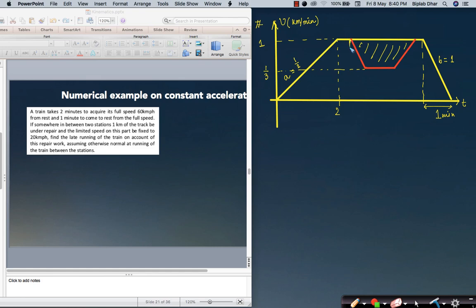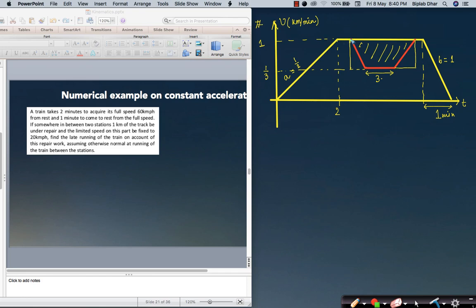If I drop a perpendicular to this one, and a perpendicular to this one, then as this is 1 kilometer only, it covers it with 1/3 kilometer per minute. So this time interval is 3 minutes only.